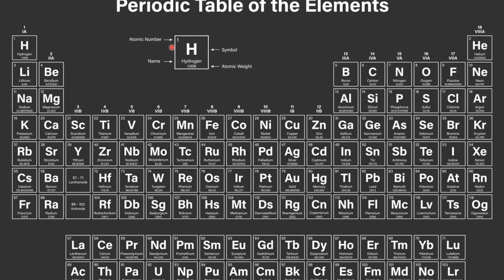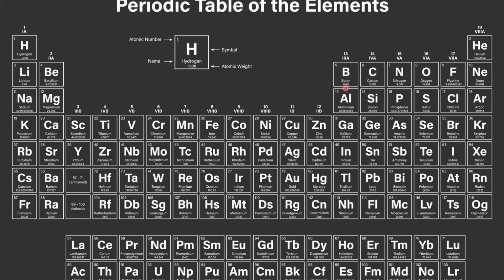Hydrogen is the first element. So it's atomic number 1. It also has the symbol H. So whenever you see H, you're going to be thinking of hydrogen. It has the name of the element, hydrogen in this case, and then it has atomic weight. This is basically how much mass this particular element has.